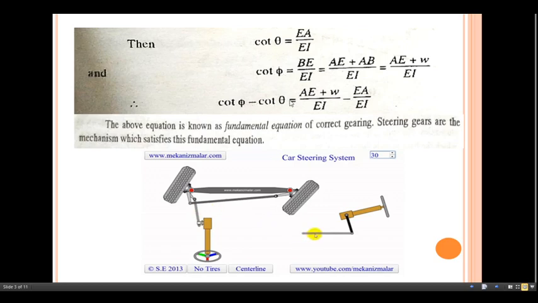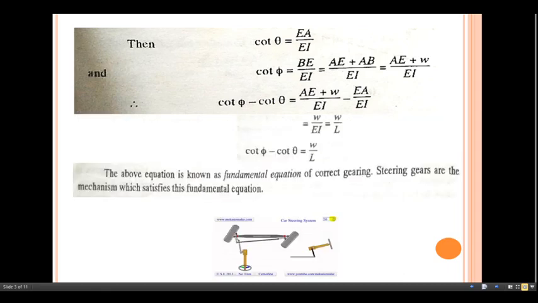So what do we get here? This term, AE plus W divided by EI, minus the next term. Now just focus here: AE plus W divided by EI minus EA divided by EI.